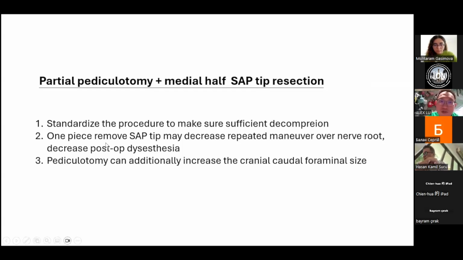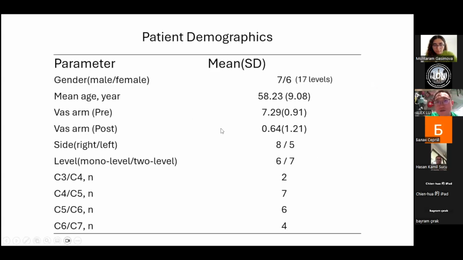And removing the SAP tip in one piece may decrease the repeated maneuvers over the nerve root, decreasing postoperative dysesthesia. And the pediculotomy can additionally increase the cranial caudal foraminal size. And this is my patient demography.